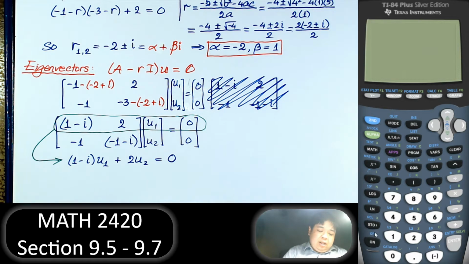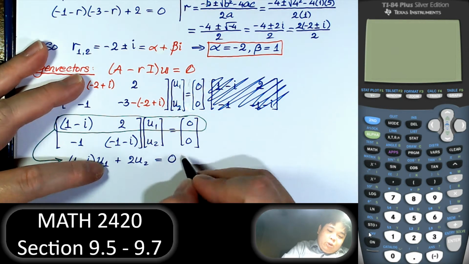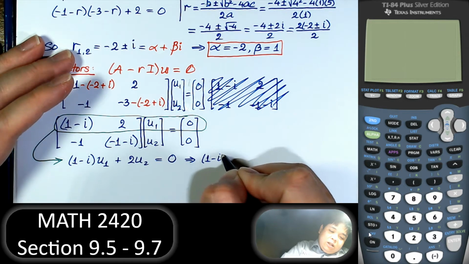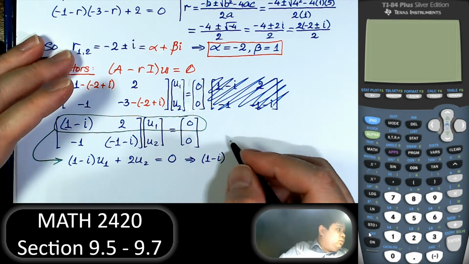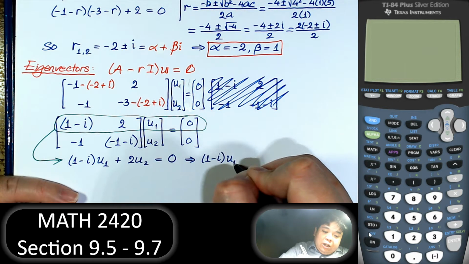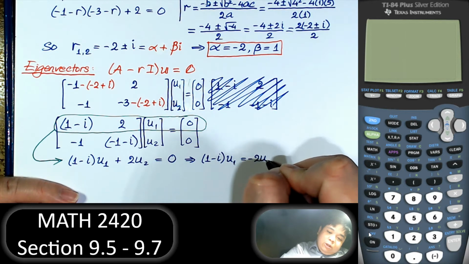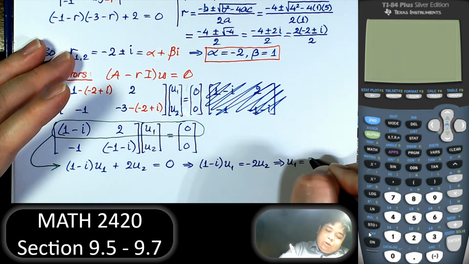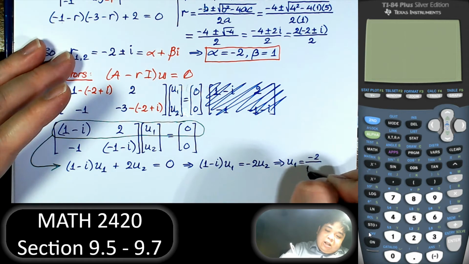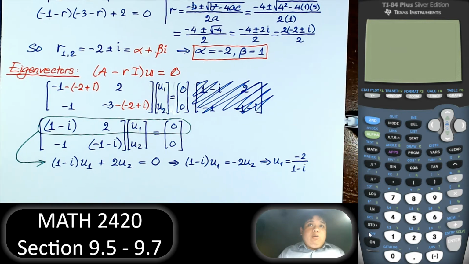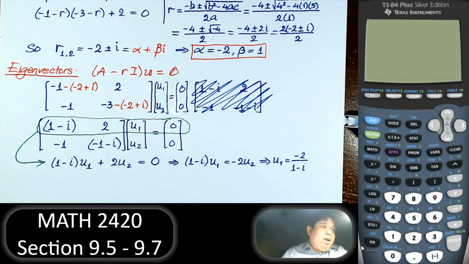So we can solve for u1: 1 minus i times u1 is equal to -2 u2. So u1 equals -2 over 1 minus i.